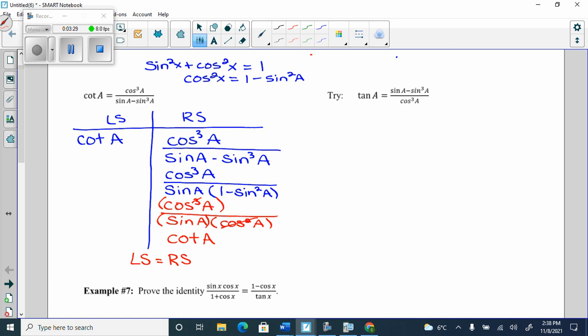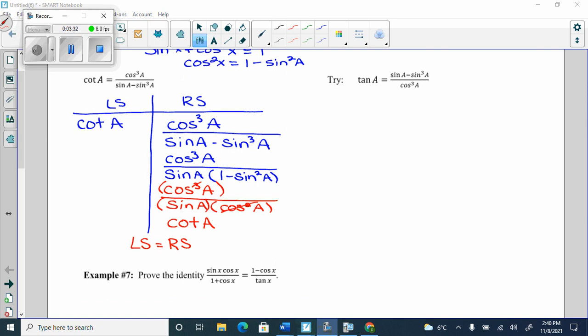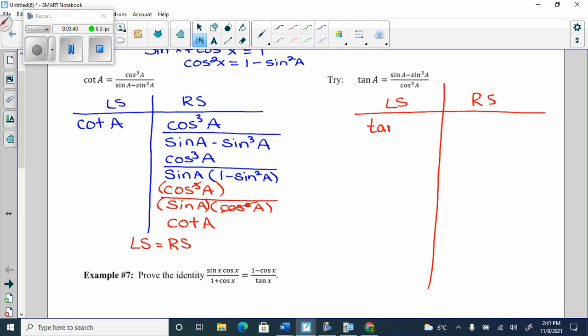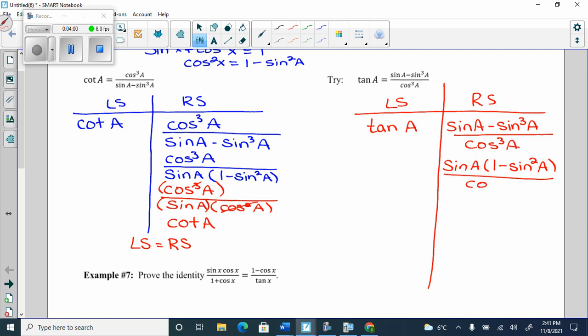Okay? So you try the next one. Okay? It's very similar, it's just flip-flopped.